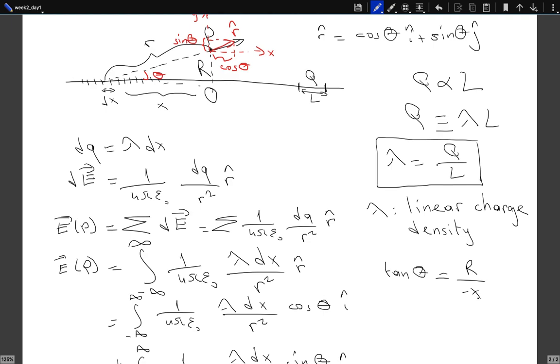Because in that figure, I define theta to be this angle. The x-coordinate of this point is x, which is a negative number. But tangent of theta is r over the absolute value of this, so that's minus x. That's why I inserted a minus sign. Or x is equal to minus r over tangent theta.